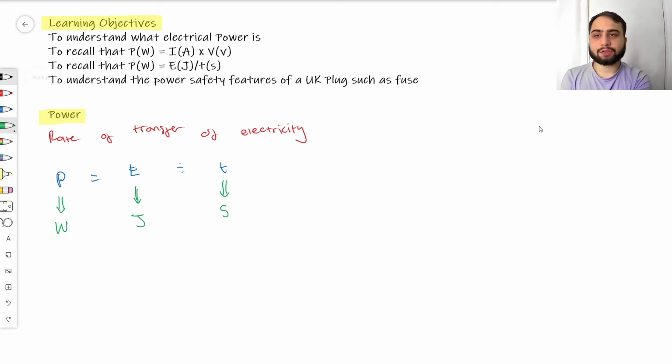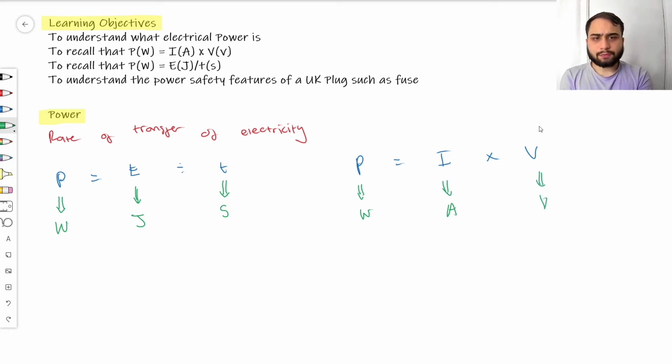So that is our first power equation. But we also have another one: P is equal to I multiplied by V. Again, P is in watts, I is current, which is in amps, and V is voltage, which is in volts.